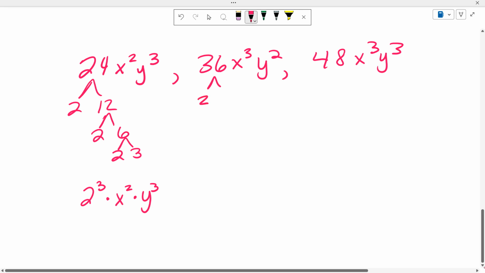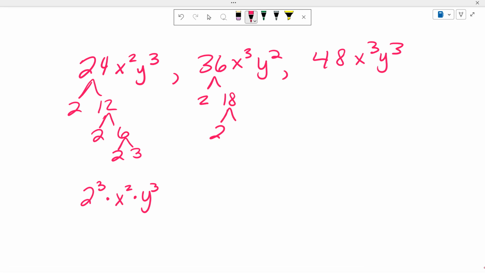36, Blake. 2 and 2 and... 19? Nope. 20? Nope, you're getting further away. 19.5? You're getting further away. You're still further away than you were originally. 2 and 18. 2 and? 7. 2 times 7 is 14. 2, 4, 6, 8, 10, 12, 14.